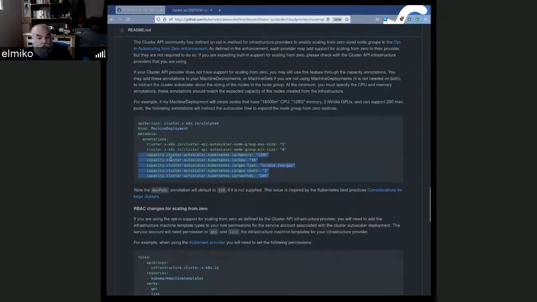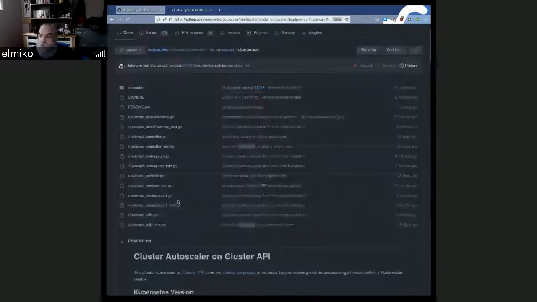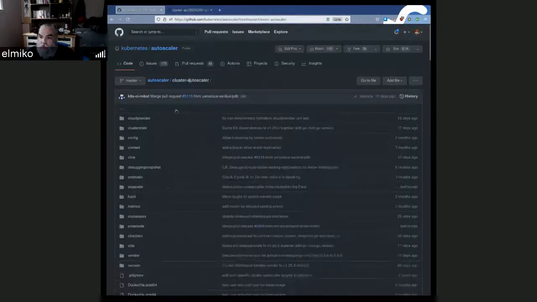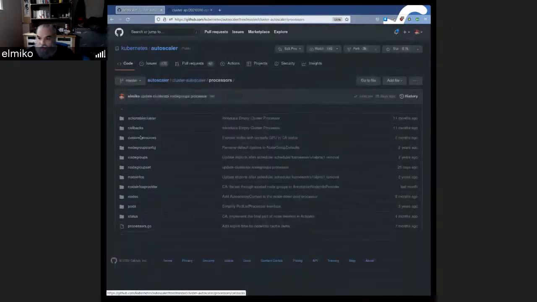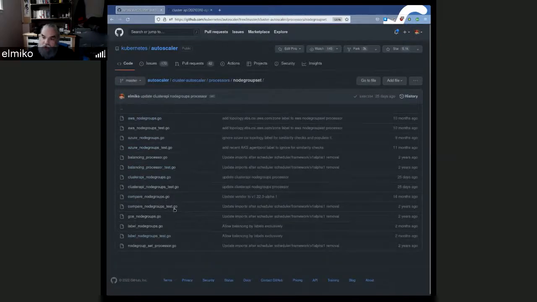And when the cluster autoscaler starts looking at balancing node groups, there is a piece of code called the node group set processor. I'm getting deep into how the autoscaler looks at these things now, but there's a group of what are called processors, and these processors customize the behavior by which the cluster autoscaler can look at things like node groups and node info. These node group set processors are what the autoscaler uses to do some of these deep comparisons.